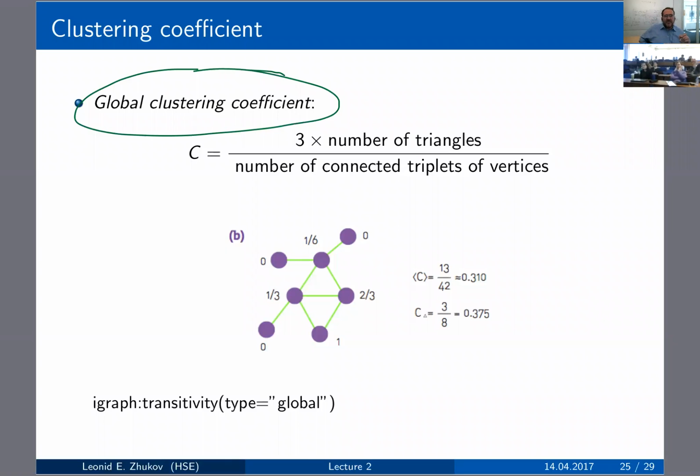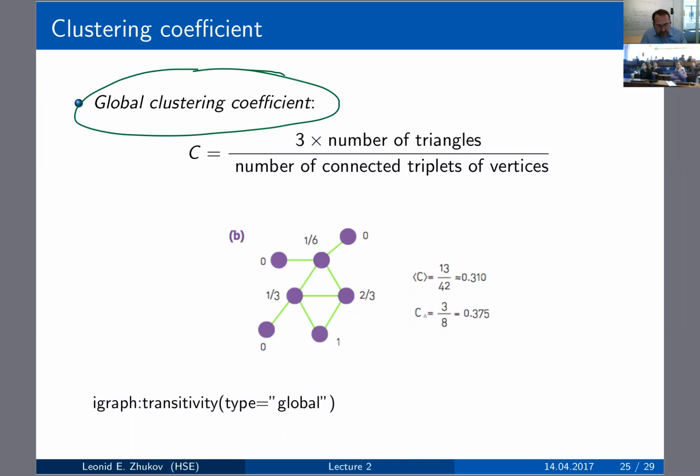Now, global clustering coefficient is a number that characterizes the entire network. All right? So if local clustering coefficient is a number that characterizes a particular node, then the global clustering coefficient characterizes the entire network.